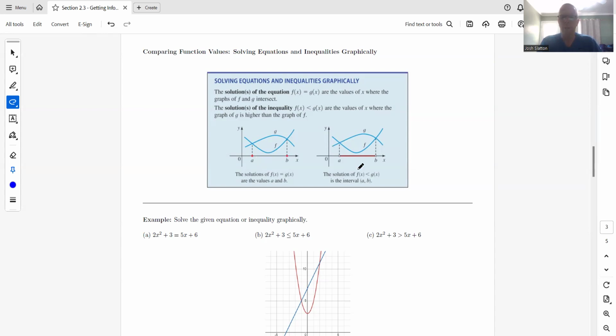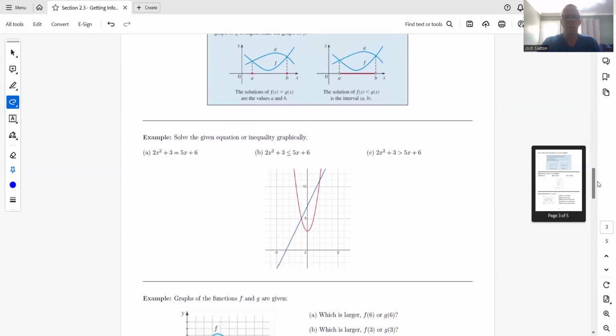Now, where f of x is less than g of x, we want to find where the graph of f, which is this one, is below the graph of g. And in this case, it is between A and B. So we would say the interval from A to B, not including A or B, because that's where they're equal. So let's look at an example.